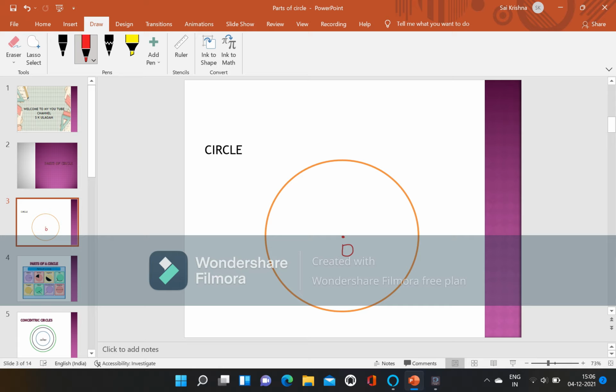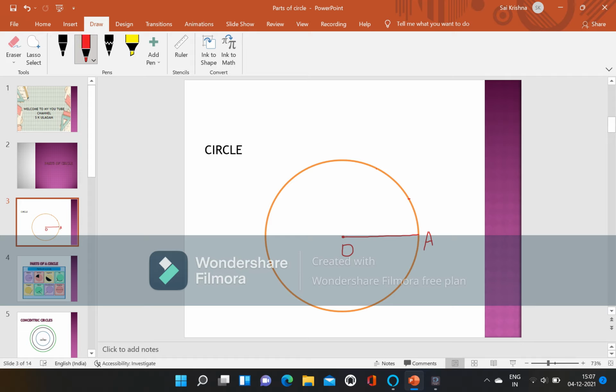Next one is the radius. The distance between the center to any point on the circle is called the radius. Here let us mark a point on the circle as A. So the length OA is called the radius. Wherever we mark a point on the circle, the distance between that particular point to the center is called the radius.